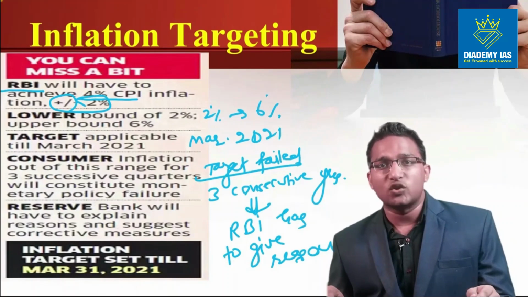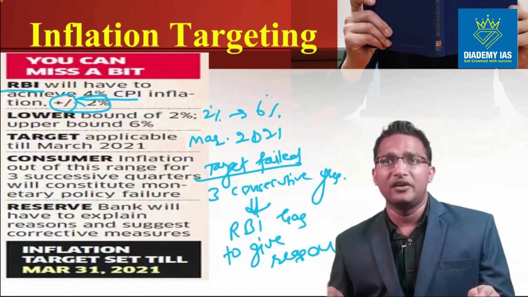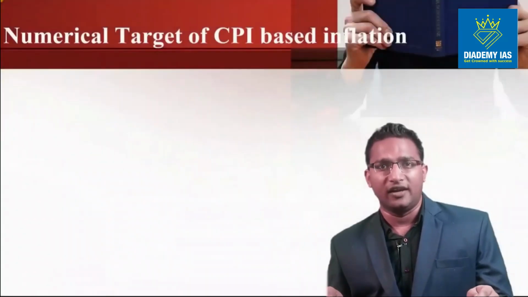So in case of failure, there is parliamentary accountability. This inflation targeting mechanism has actually created accountability on the Reserve Bank of India.